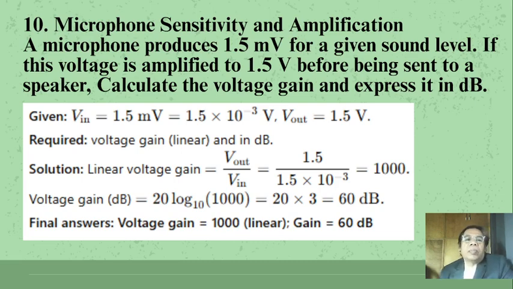We are asked to obtain the voltage gain linear and in decibels. So the linear voltage gain is V out over V in. Substitute the given data, you have 1,000. And then, to get the voltage gain in decibels, that's 20 log of 1,000 to the base 10, and the answer is 60 decibels.